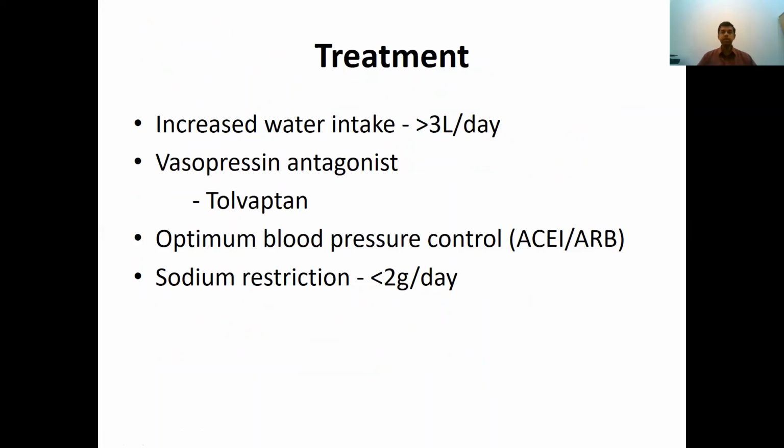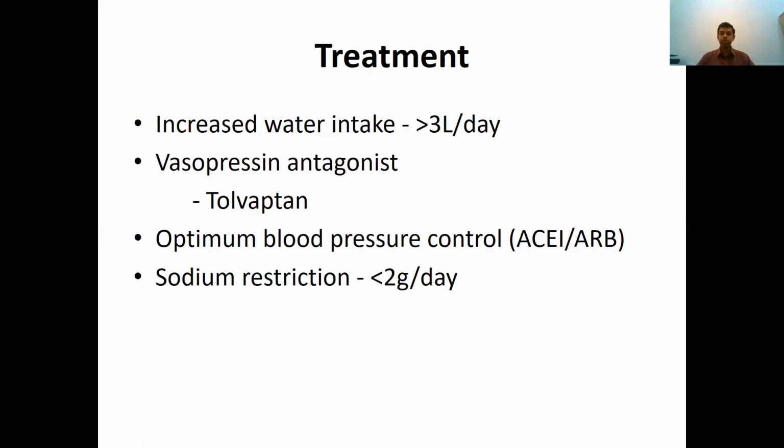So in the treatment, there are a few medical treatments available now. One is we advise them to take an increased amount of water intake, and the importance of that I will mention to you in the next slide. Blood pressure control becomes very, very important, like I mentioned, and our preferred antihypertensive drugs are your ACE inhibitors and your angiotensin receptor blockers.